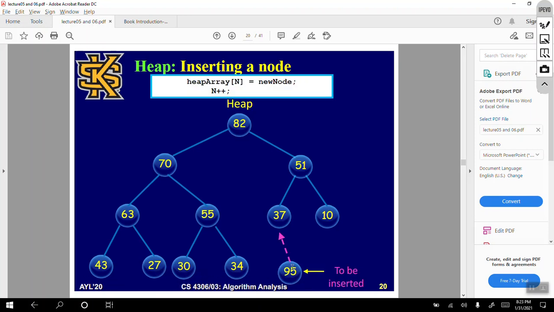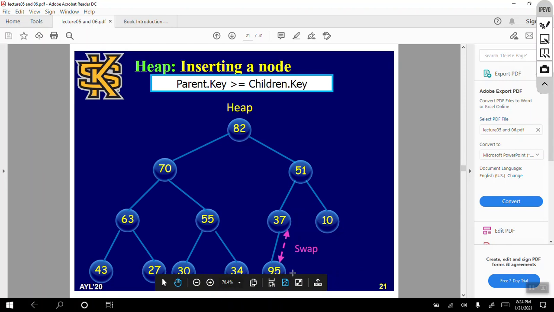Then this new element will be checked with its parent, and the two elements will be swapped. The parent value cannot be less than its child value, so the parent will go over here.